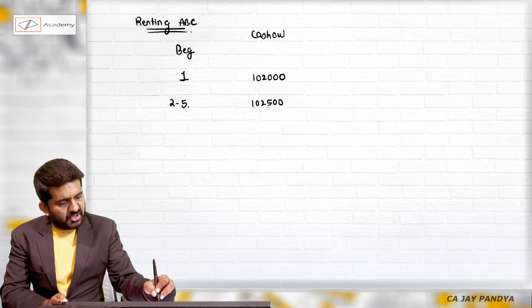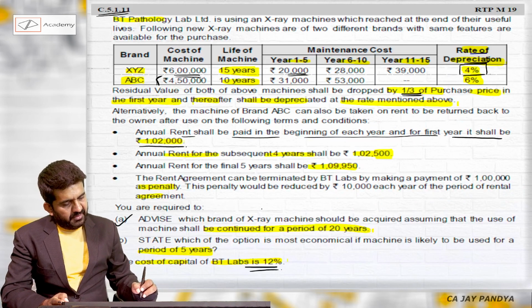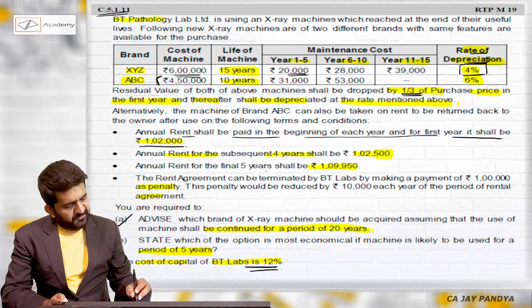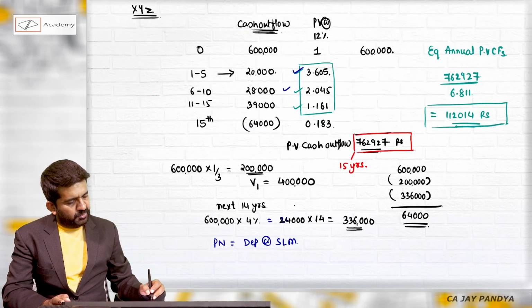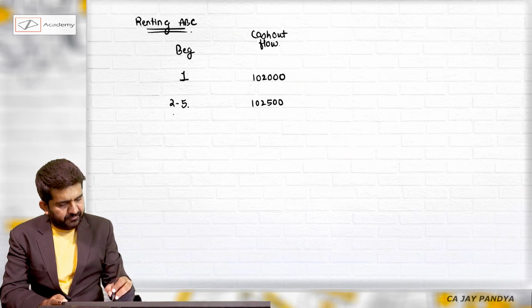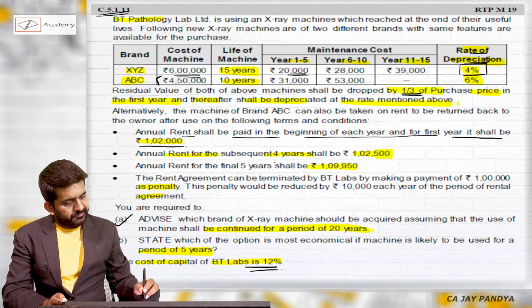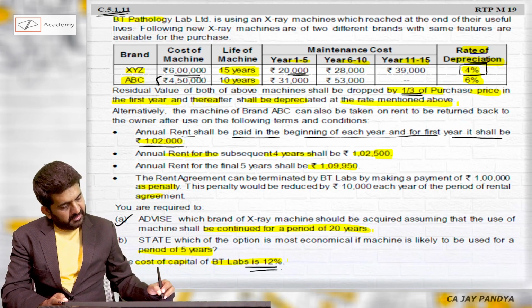Again, this is a cash outflow. And the annual rent for the final 5 years will be 1,09,950.